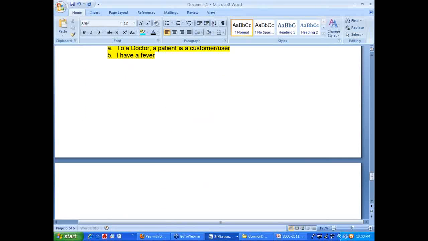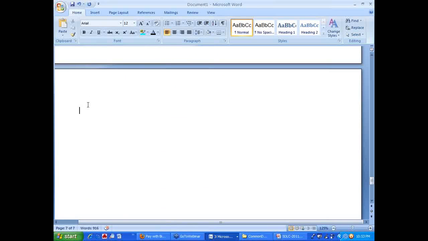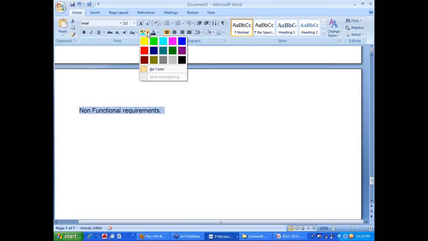Let's look at non-functional requirements, and traditionally I'll end the class with a story. Functional and user requirements are relatively simpler to understand. Non-functional requirements are a little more complex, and I have developed a decent understanding.